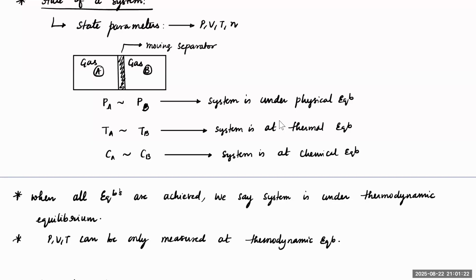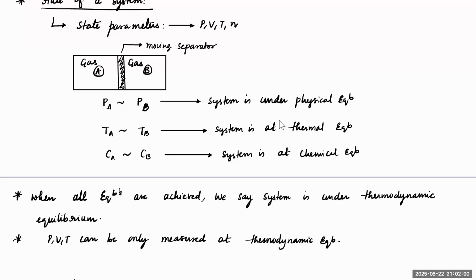And by chance, if there are any chemical reactions happening on both ends, and the chemical reactions have either completed or attained chemical equilibrium, either there is a completion or it is at the stage of chemical equilibrium on both sides. Why? Because if chemical reactions are happening, we expect at some point of time the total number of particles will reach a constant value.